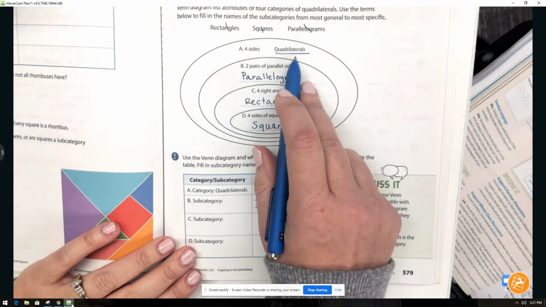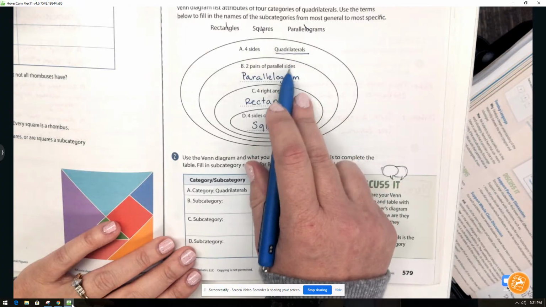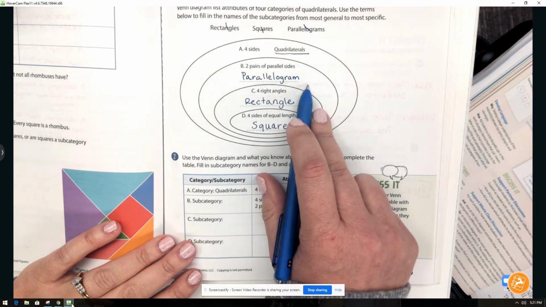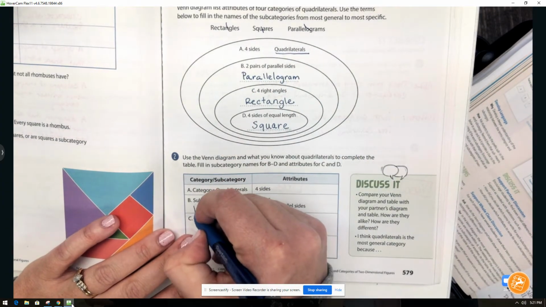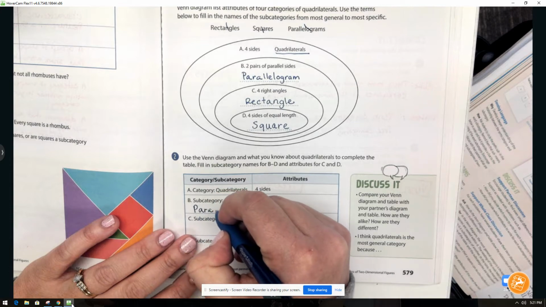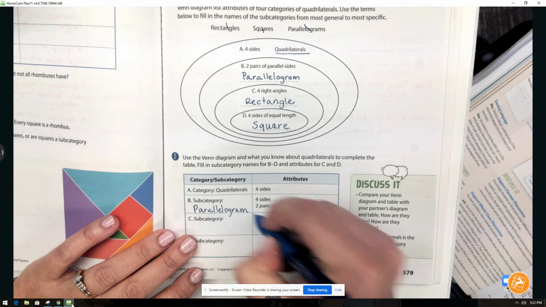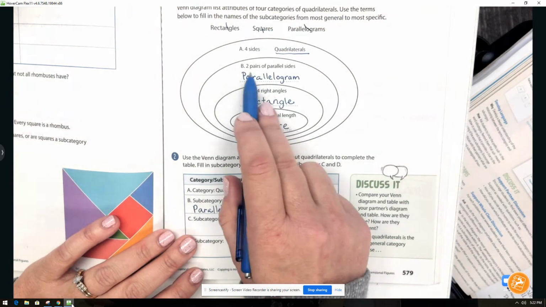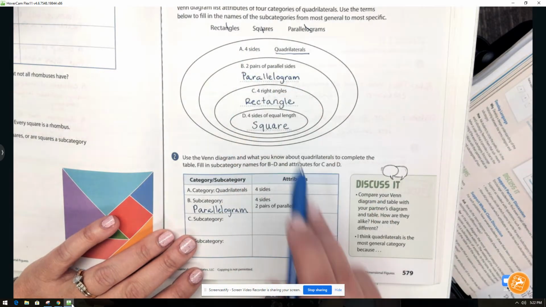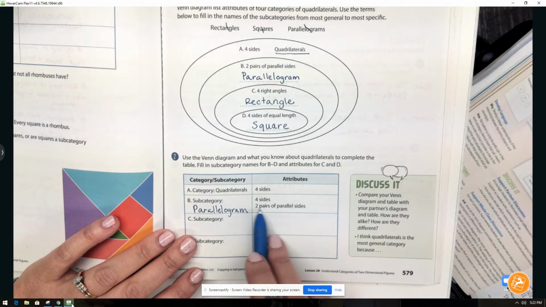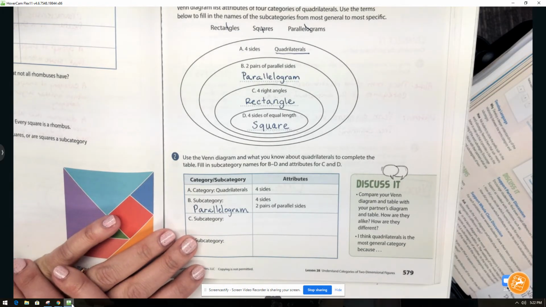So first we had quadrilaterals. The first subcategory of a quadrilateral is a parallelogram. A parallelogram has 4 sides and 2 pairs of parallel sides.